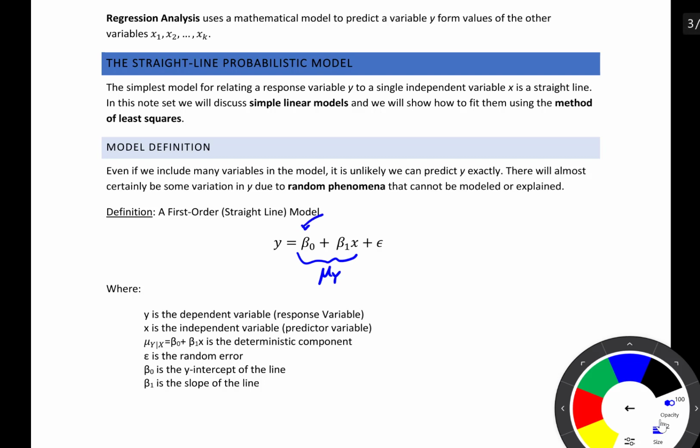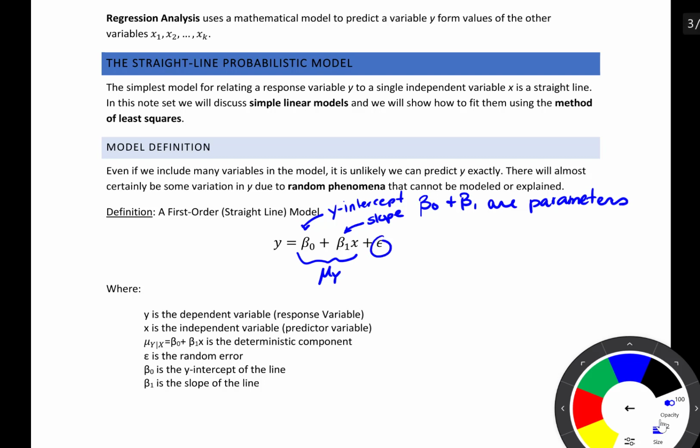And we're modeling it using a straight line. And so here we have the y-intercept, and here we have the slope. So beta naught and beta 1 are both parameters. So just like you saw in your introductory statistics course, since these are parameters, we're going to use sample information to estimate them, and we'll see how to do that here in just a little bit.